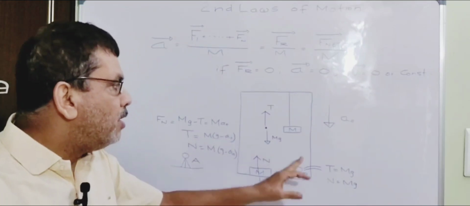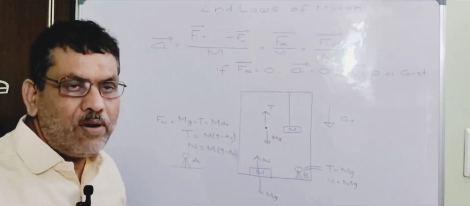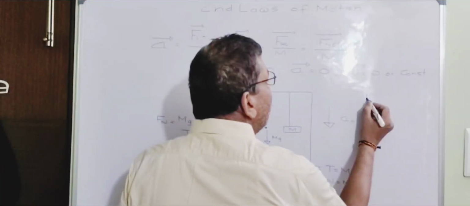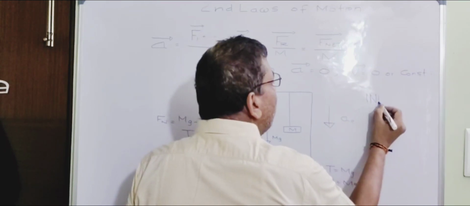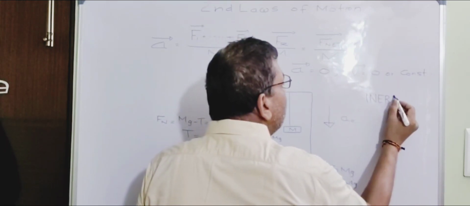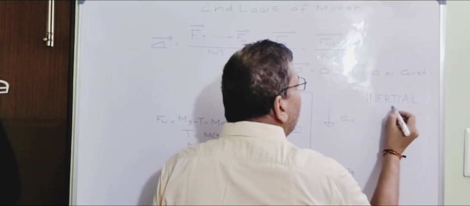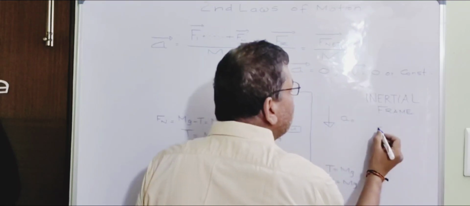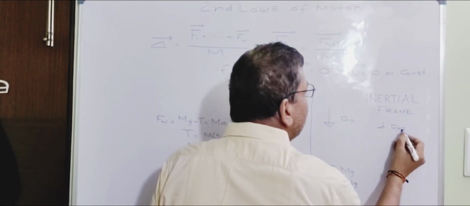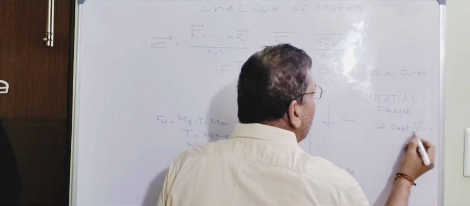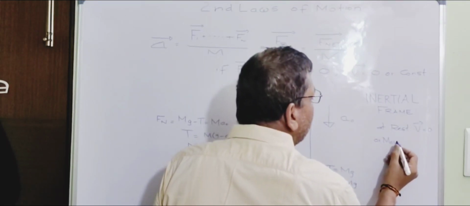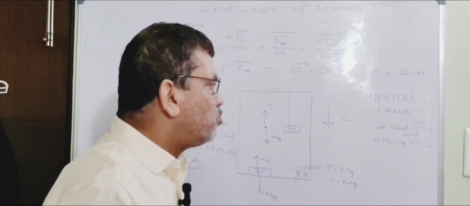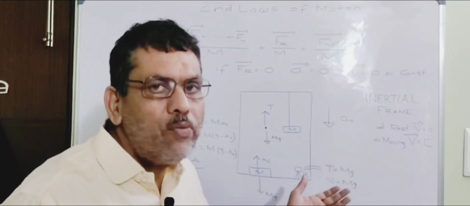For B, this is not an inertial frame. What are inertial and non-inertial frames? Inertial frames are those frames which are at rest or moving with constant velocity.